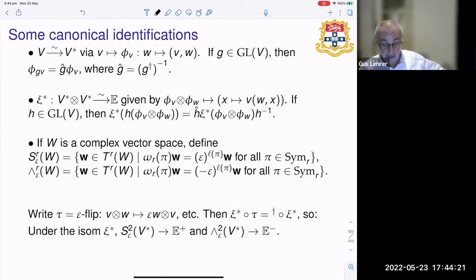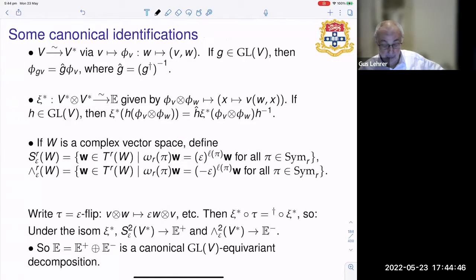So under this isomorphism, like psi star, the symmetric power goes to E plus, and the alternating power goes to E minus. Together they generate the whole of E. So it's a canonical GLV invariant decomposition.